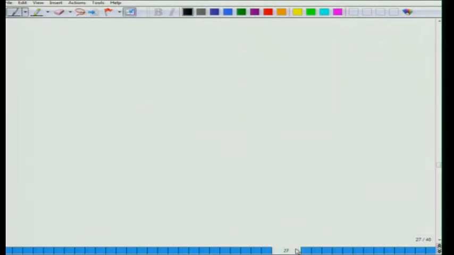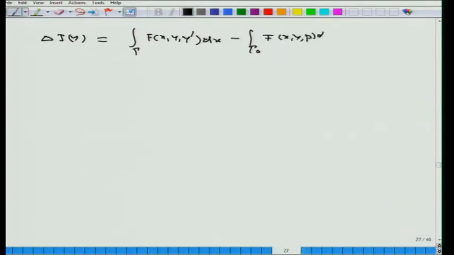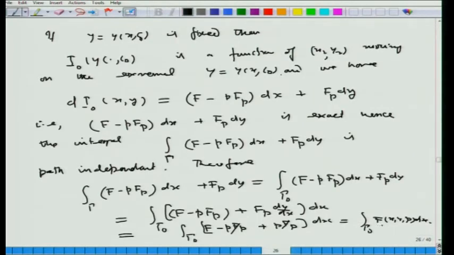So, it's cancelled. So, you get for gamma 0, f(x, y, p) dx here. And so, we have seen that this delta I(y), which is the difference between the integral over gamma of f(x, y, y') dx minus the integral over gamma 0 of f(x, y, p) dx, and then using this previous result here, we get this as the integral over gamma of f(x, y, y') dx minus, now we can write from here, on gamma 0, f(x, y, p) is the same thing as this.